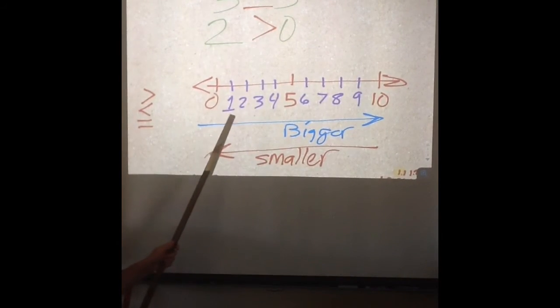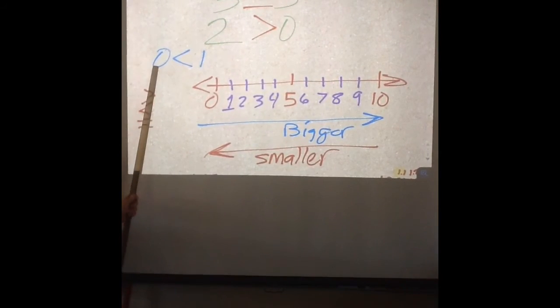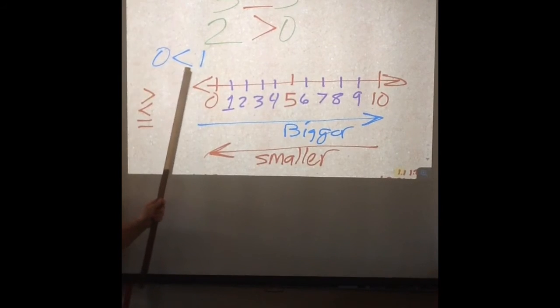So 1 is bigger than 0. So if I said 0 and I had a 1 here, what would I put in between these two? Yeah, okay, so 0 is, and read it with me, 0 is less than 1.